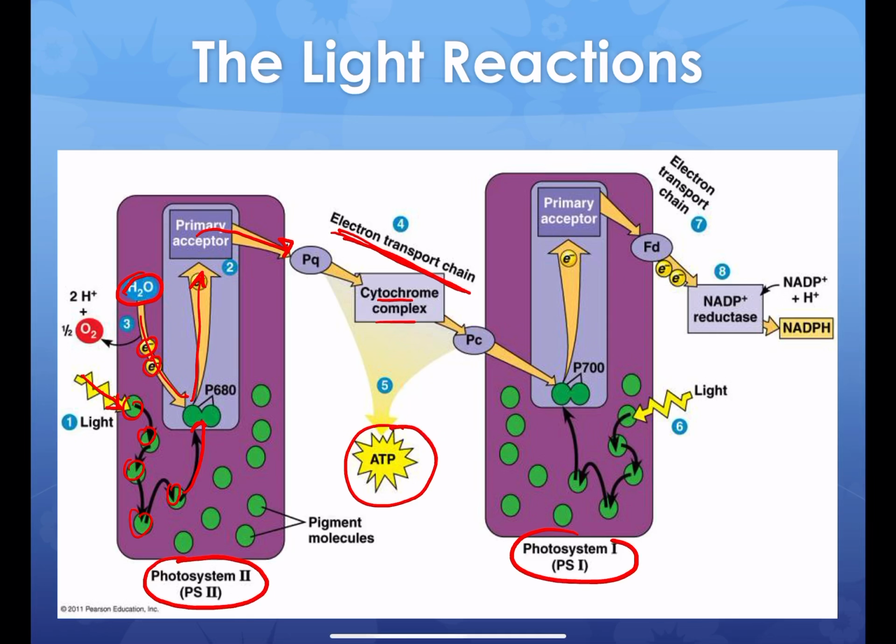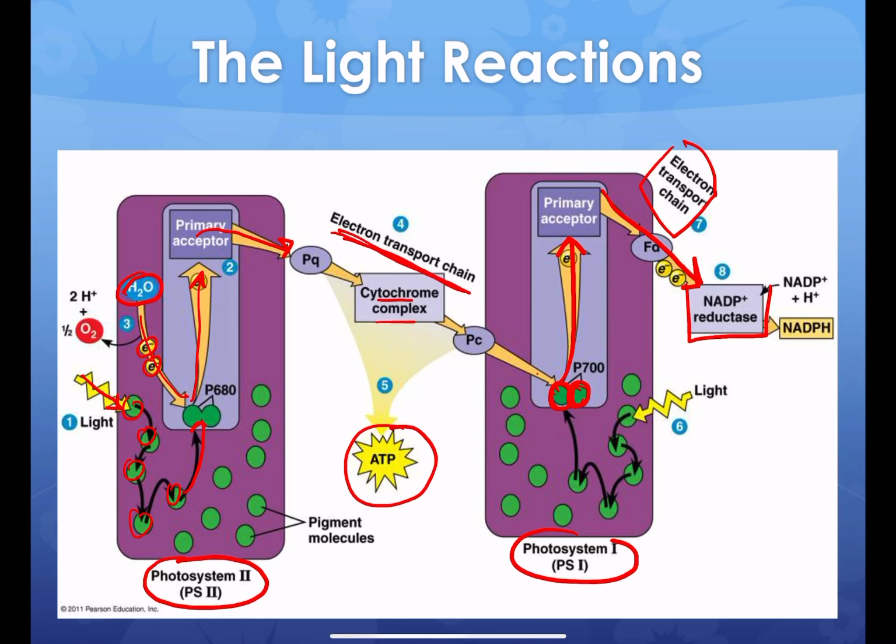Okay? Now, these electrons are going to be passed onto this chlorophyll molecule, P700, which is going to pass it up to its primary electron acceptor. Okay? Then these electrons are going to be passed down this electron transport chain. So this is the second round of the electron transport chain.